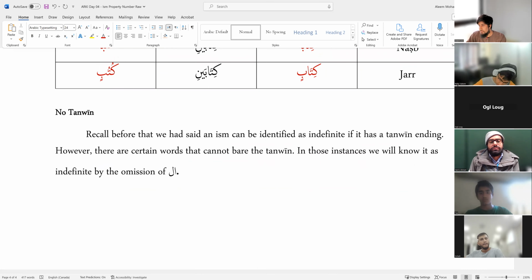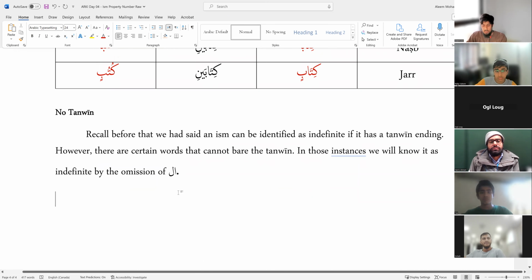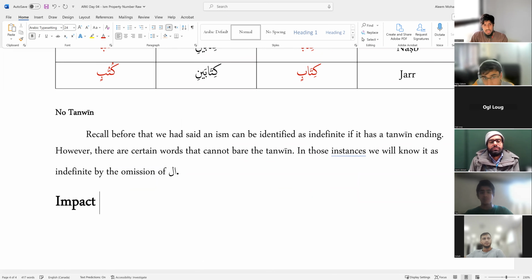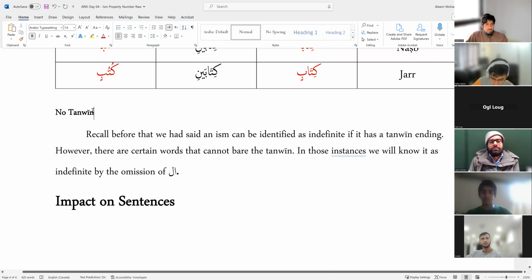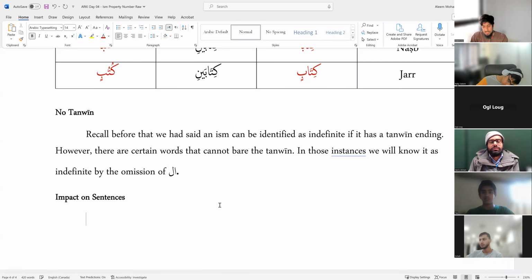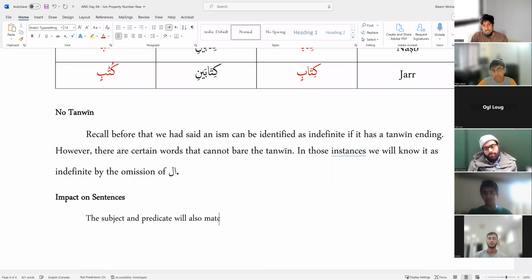Okay, cool. Now we got to ask the big question, which is, what is the impact on sentences, right? Well, as we learned before, just how the mubtada and khabar will match in gender, so the subject and predicate in a nominal sentence, the subject and predicate will also match in number, right?